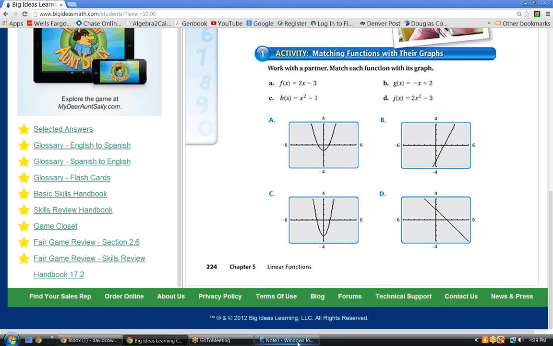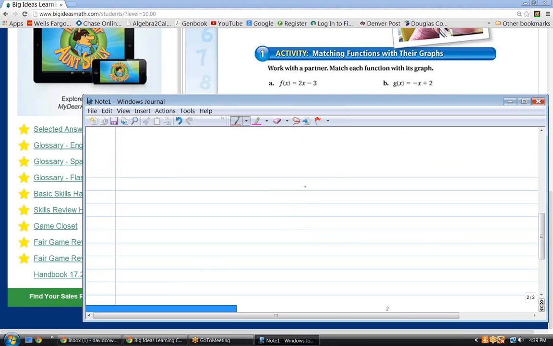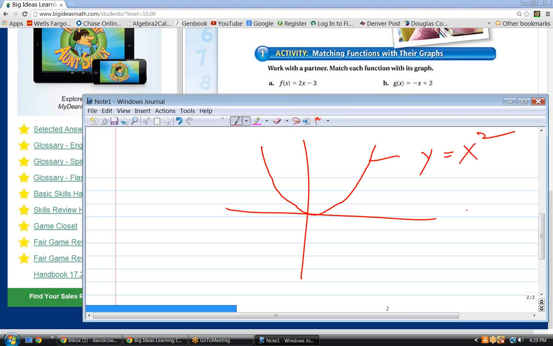If I have, this is my normal parabola, which is y equal x squared. Well, if I want to know what y equal to 2x squared is, one way to think about it is, if I had a point right there on the parabola of my y equal x squared, where's that point going to fall on y equal to 2x squared? Twice as high, right? So I could go along here.